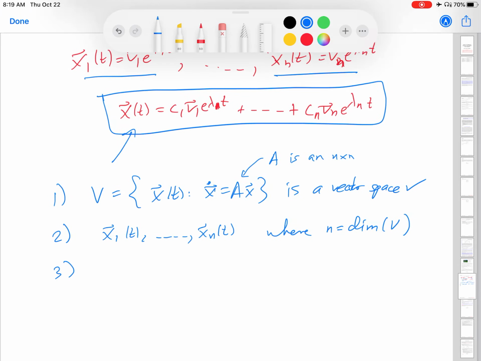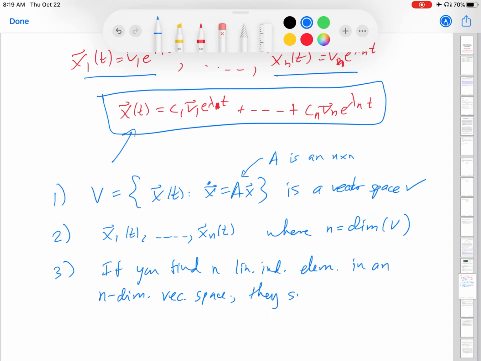Then we can think back to a theorem that we had discussed earlier in the course in the linear algebra unit that says if you find n linearly independent elements in an n-dimensional vector space, they span the space.